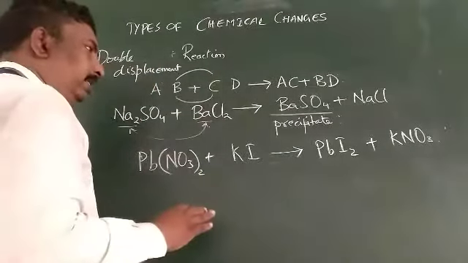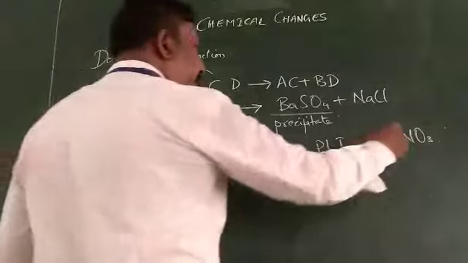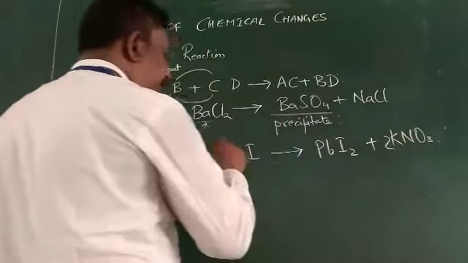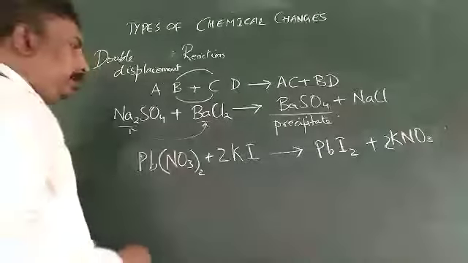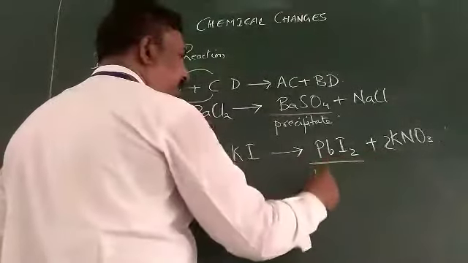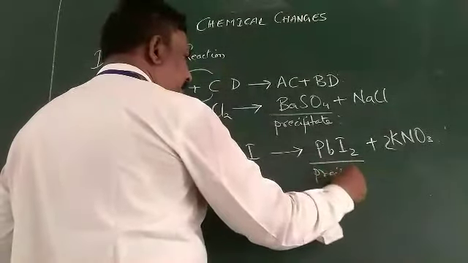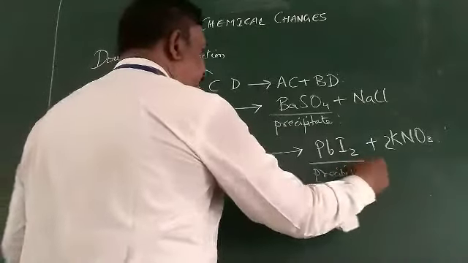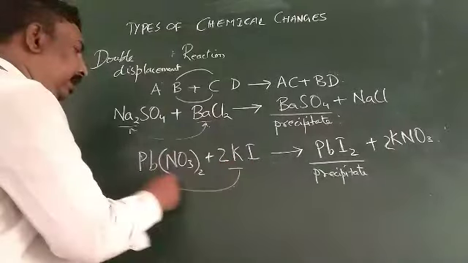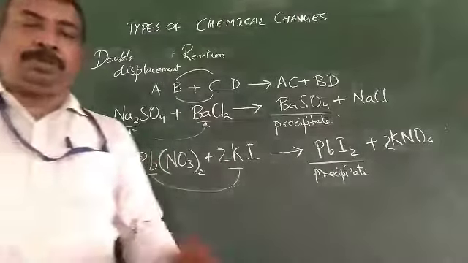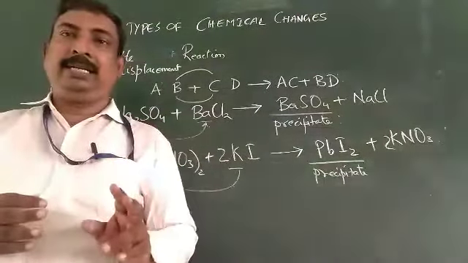Here I put 2, here I put 2, now everything is balanced. So this one is the precipitate. Lead iodide is the precipitate, and you can see which ones exchange here? The lead and potassium, the mutual exchange of radicals is called double displacement reaction.